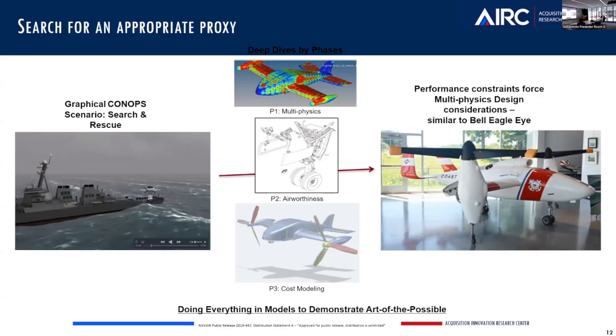I kind of expected that most people would have some awareness of this, but if not, it was based on this image over here, which is the Bell Eagle Eye search and rescue vehicle.